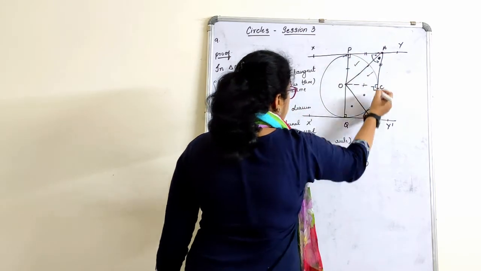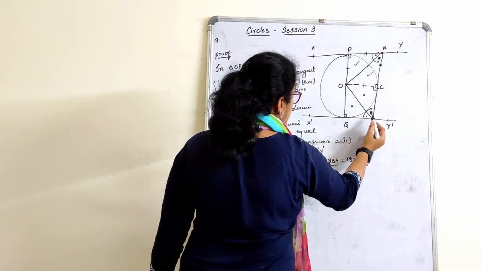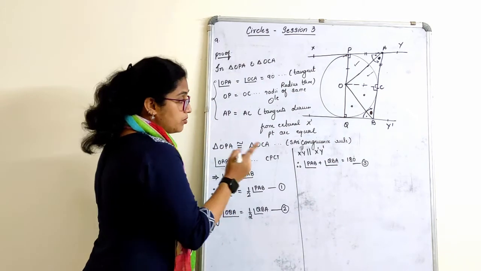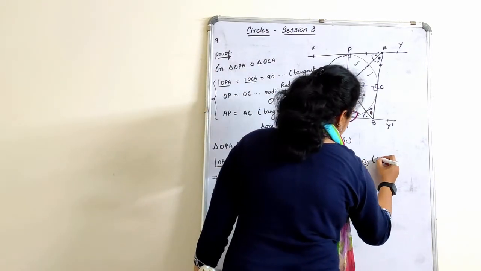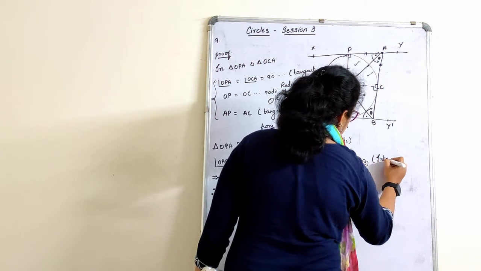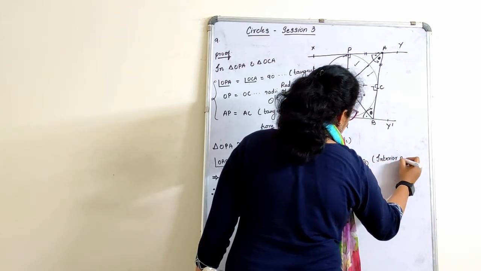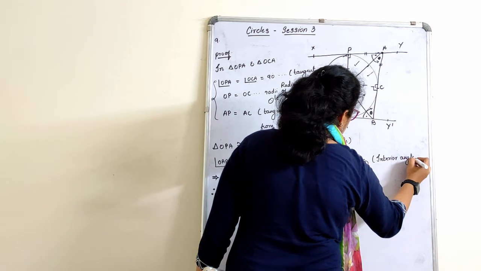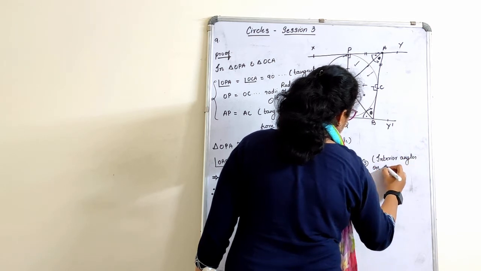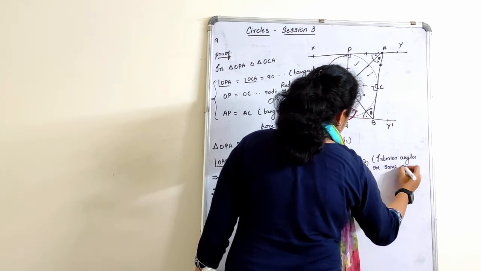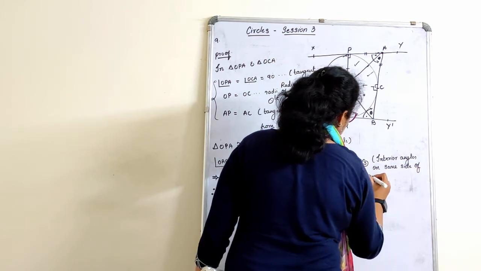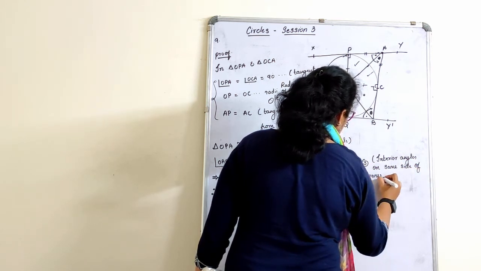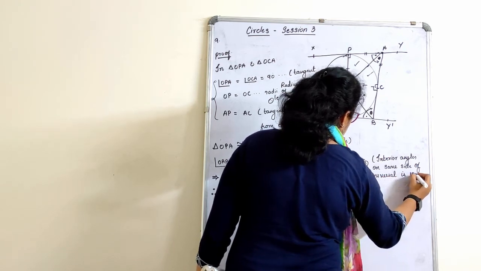Angle PAB and angle QBA is equal to 180, I have written. Why? Because interior angles on the same side of the transversal are supplementary.